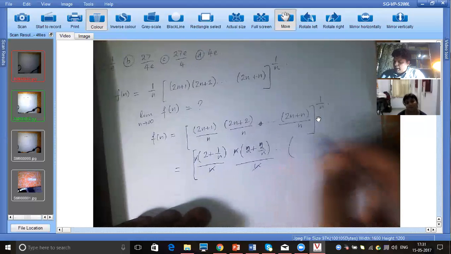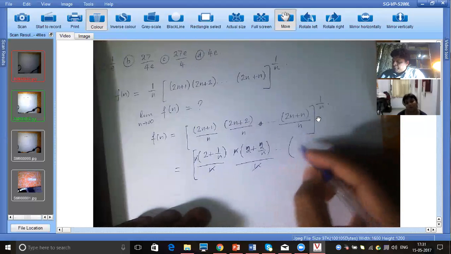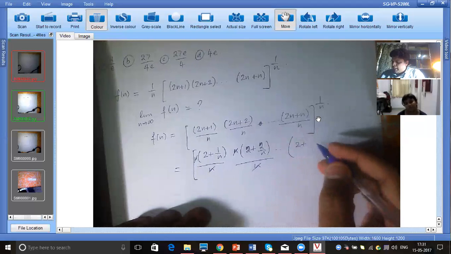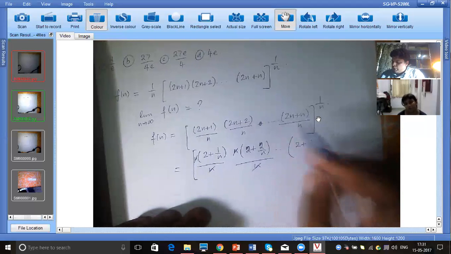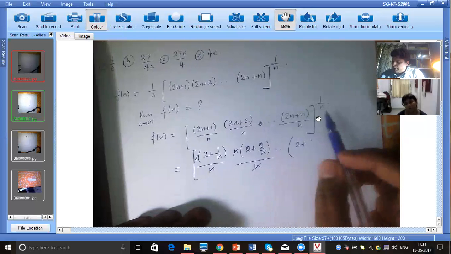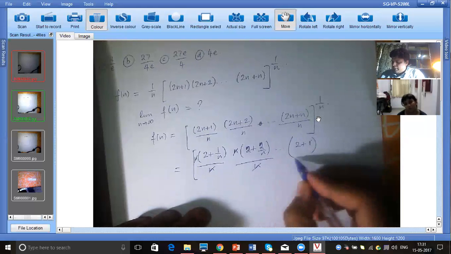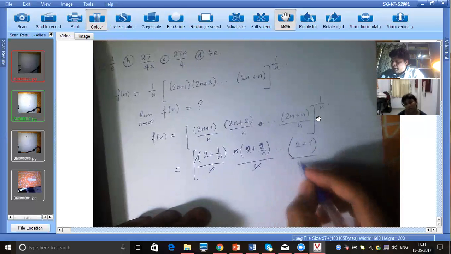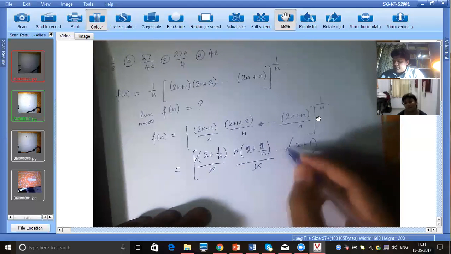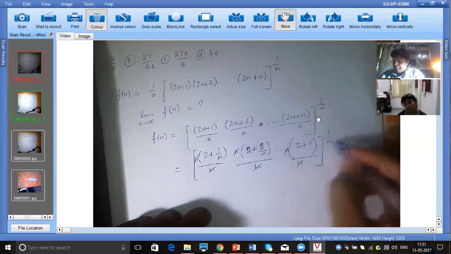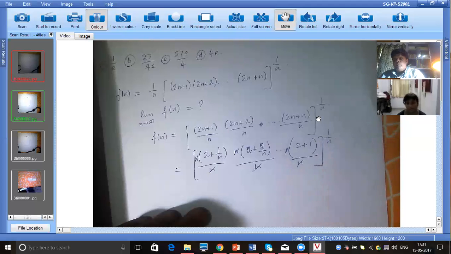And then n comes out of here, 2 plus 1 by n, whole to the 1 by n. Are you okay so far? All the n's have gone. So just 2 plus 1 by n, whole to the 1 by n.